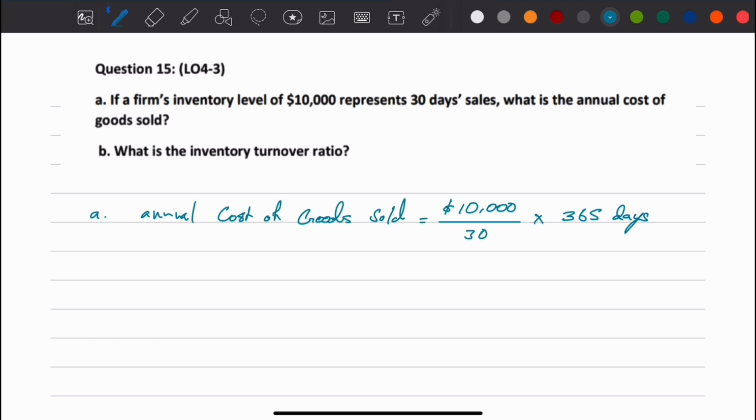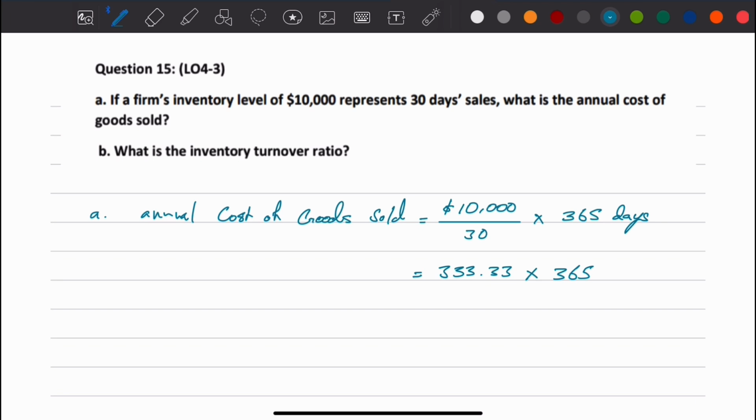Okay, so now we'll turn to our calculators and divide 10,000 by 30. That gives me 333.33 multiplied by 365.